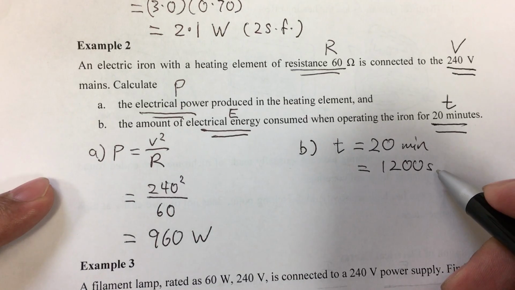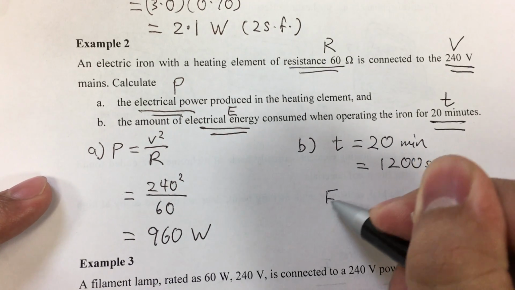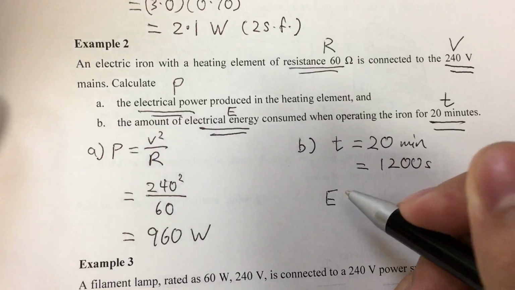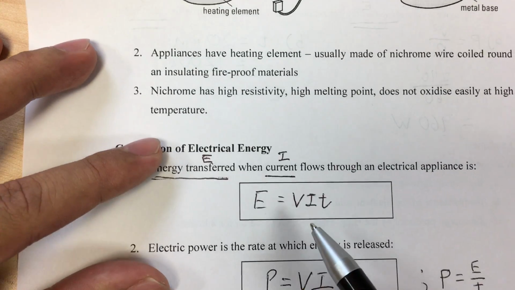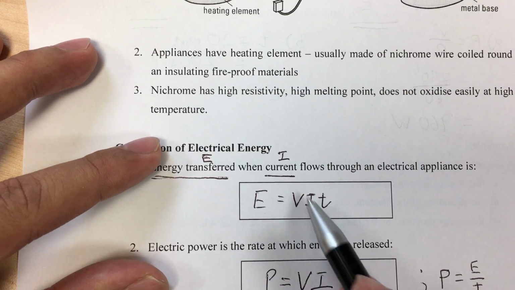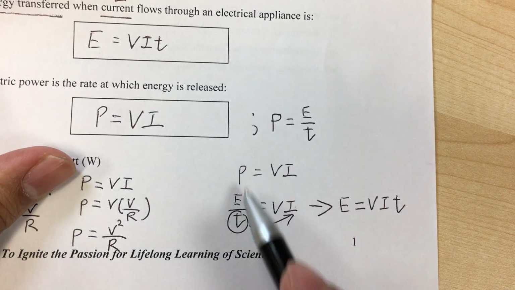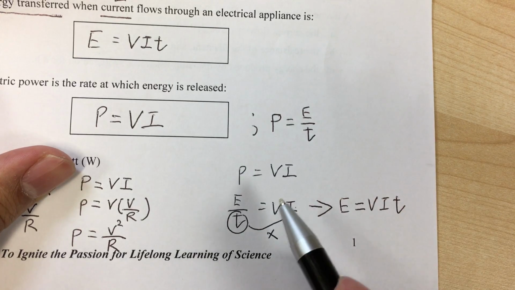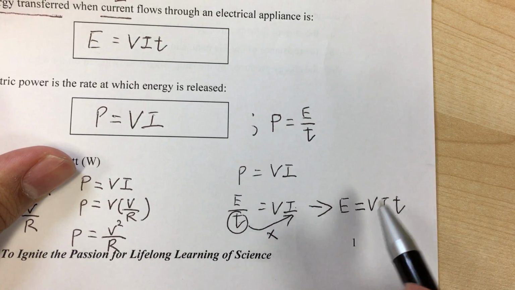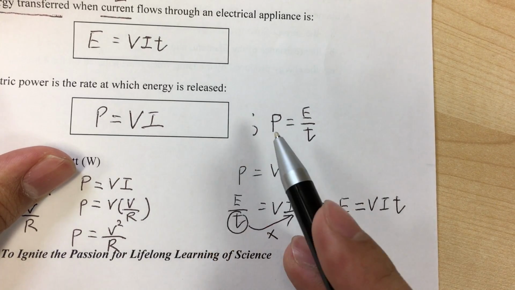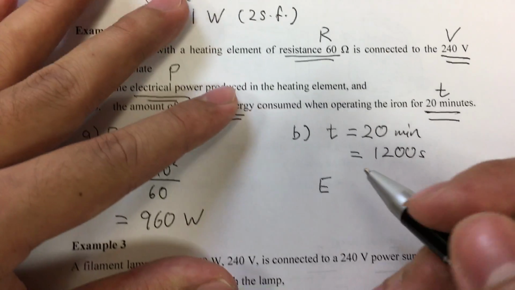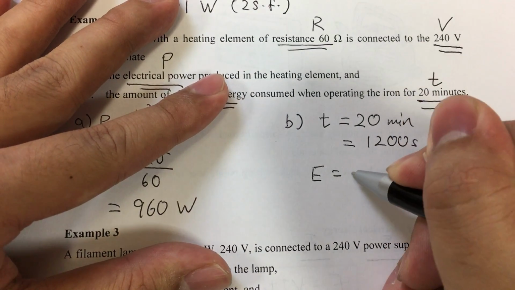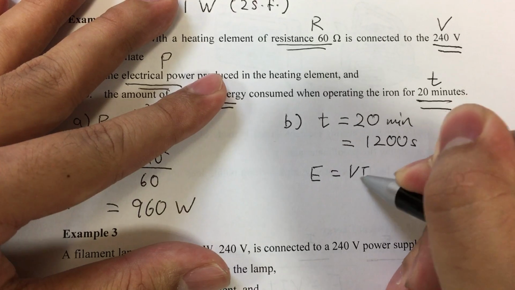Now that we have time in seconds, let's look at the working again. Remember from before, energy is equals to VIT. If you can't remember this one, at the very least, know how to derive your formula out from P equals to VI and P equals to E over T. So, like what we have seen just now, energy is VIT.